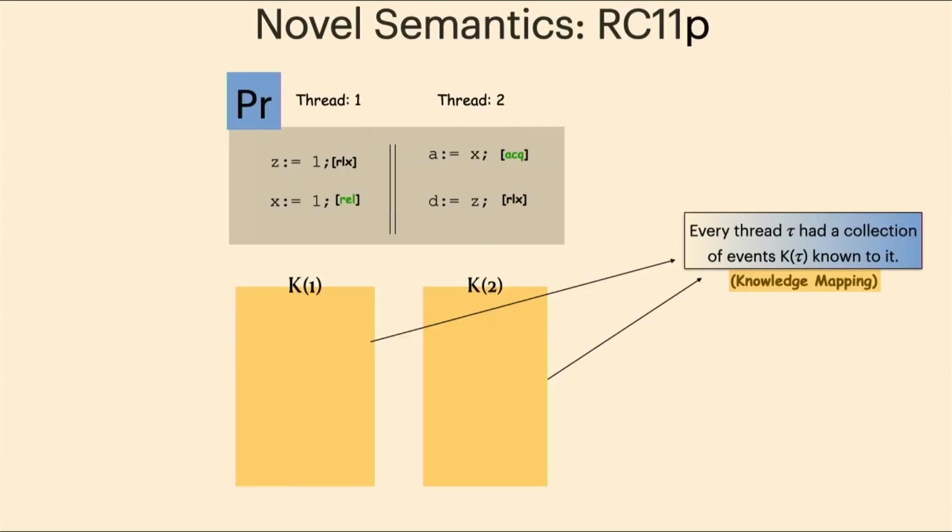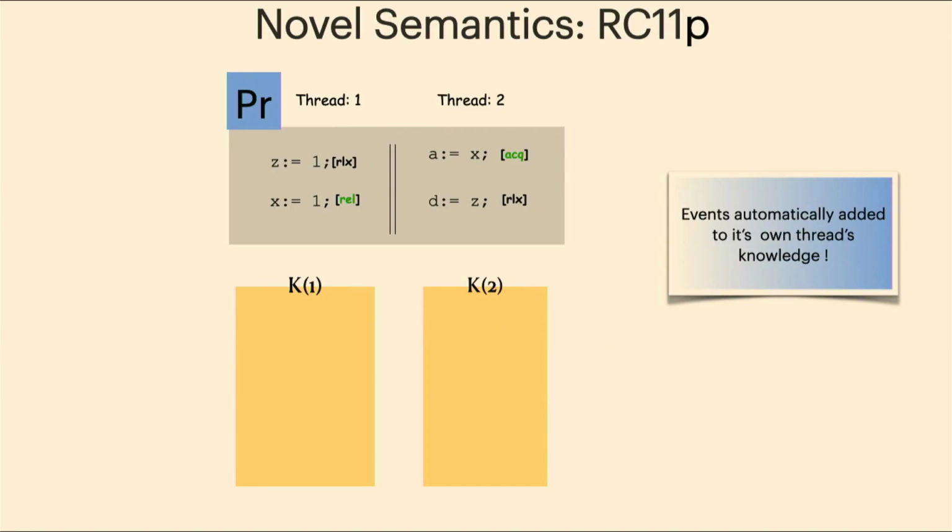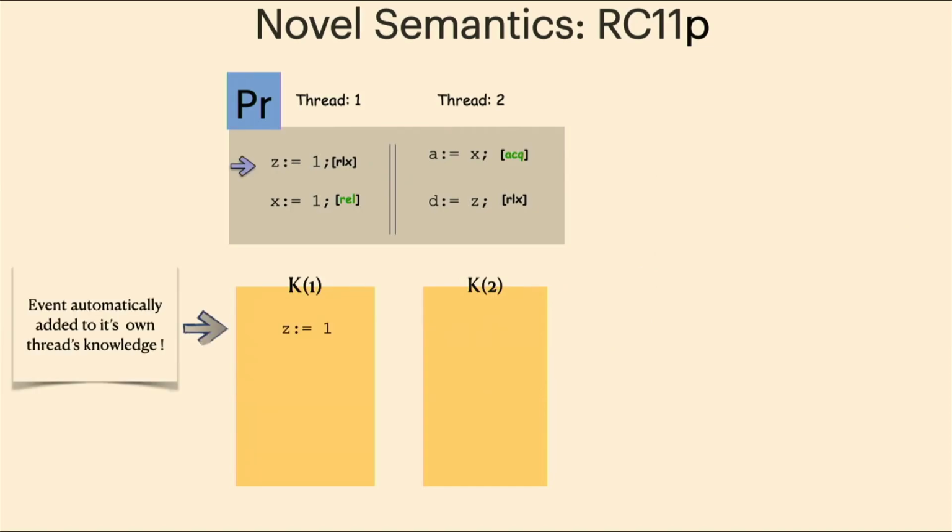So now let's quickly understand the new operational semantics with a very simple example. In the new semantics, every thread has a knowledge set which it uses to record events known to it. For example, here are the knowledge sets for the two threads, and whenever an event takes place on any thread, it automatically gets added to its knowledge set.